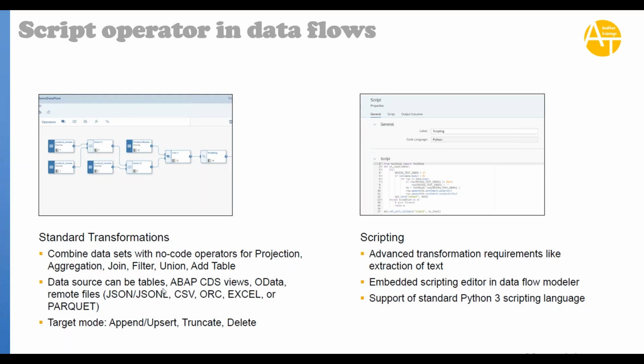Data sources can be tables, ABAP CDS views, OData services, remote files, JSON, CSV, ORC, Oracle, Excel, or Parquet. Also, we can have target modes append, upsert, truncate, and delete. This is the standard way of transforming data, like what you traditionally do in a BW system.